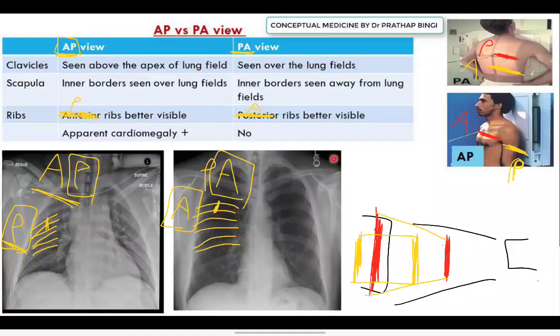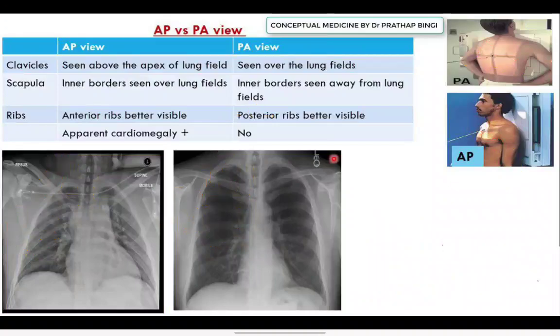Okay, this is wrong in this context. The last point: in anterior posterior view, the magnification of the cardiac shadow may appear as cardiomegaly.